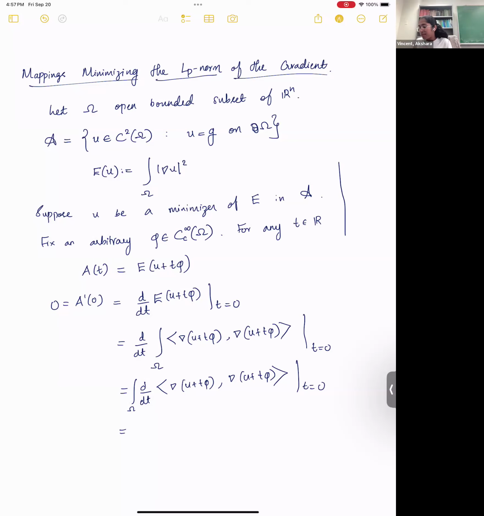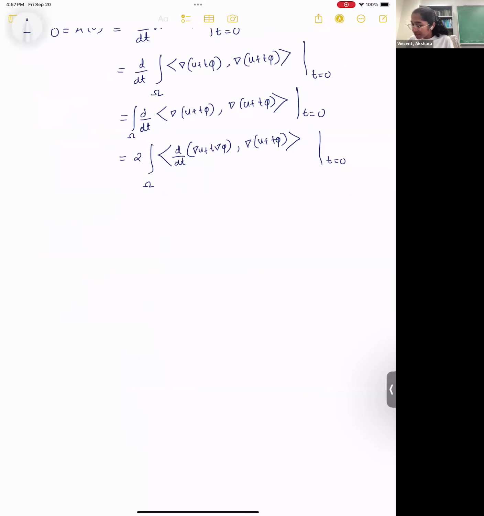This is the derivative of an inner product, which can be computed as twice the integral over omega of the derivative of the first term, which is gradient of phi, times gradient of u plus t phi at t equal to 0. So now if we compute this, this is nothing but the integral over omega of gradient phi times gradient u plus t phi. But when you evaluate at t equal to 0, this is what you get.